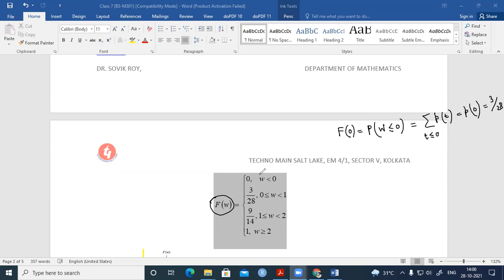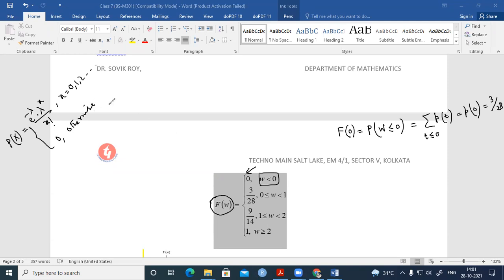Now, if you consider the small w to be less than 0, there are no such possibilities over here, so the probabilities are coming out as 0. As you know, in a probability distribution we always write this kind of thing. For example, if I talk about the Poisson distribution, we write the probability is this when x takes values from 0, 1 up to infinity, and we write 0 otherwise.